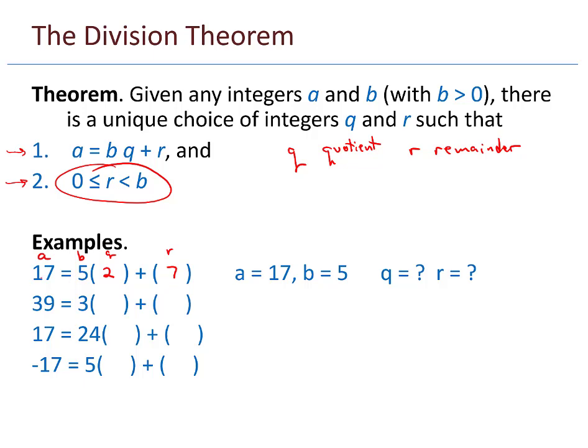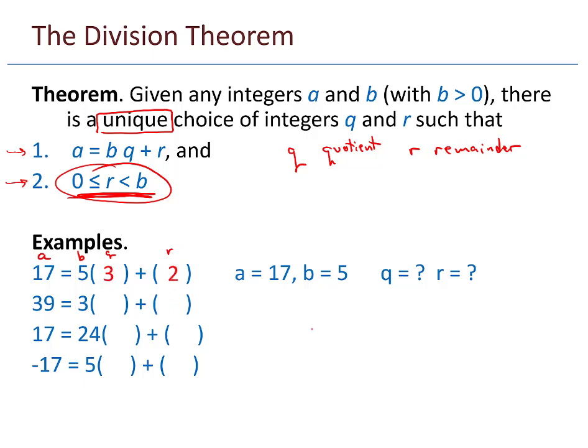I'd really say 17 divided by 5 is 3 with a remainder of 2. So in order for uniqueness, and this is where this unique choice comes in, I have to make my remainder somewhere, it could be 0, but it has to be strictly less than the b. So I need a remainder somewhere from 0 to 4. And that's where the 3, 2 comes in.